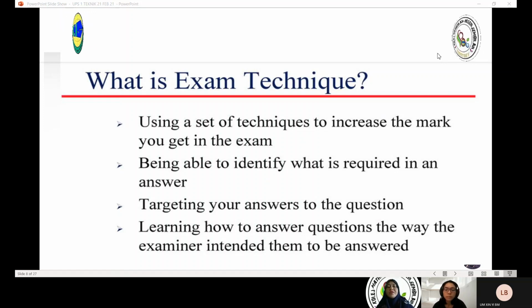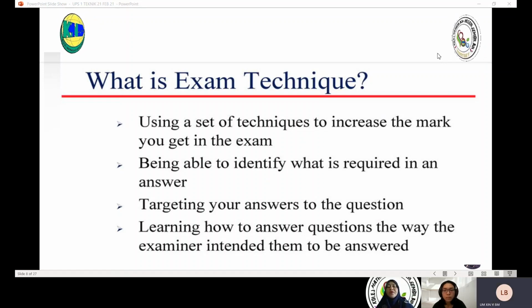Right. Okay. So, being able to identify what is required in an answer, this is actually more to the teknik kelas yang dah dapat di kelas. Okay, you must understand the question stem, pokok soalan tu apa yang dia nak. Each question will contribute 1 mark.